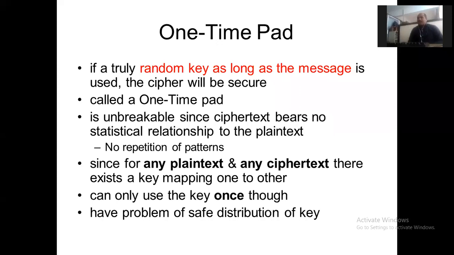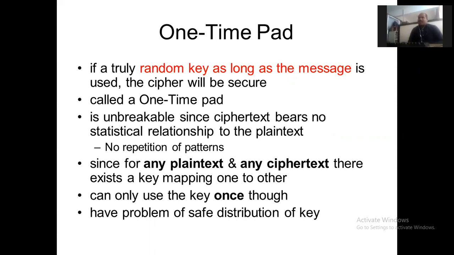If a truly random key, as long as the message, is used, the cipher will be secure, and it is called a one-time pad. It suggests you can choose a ciphertext character as one random key, as long as the message.